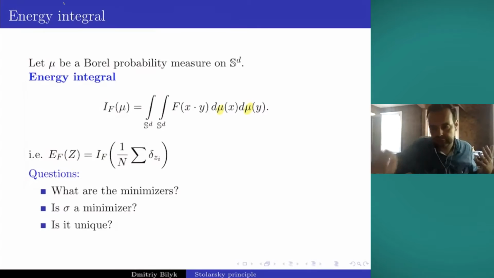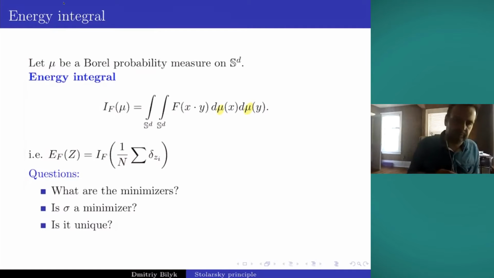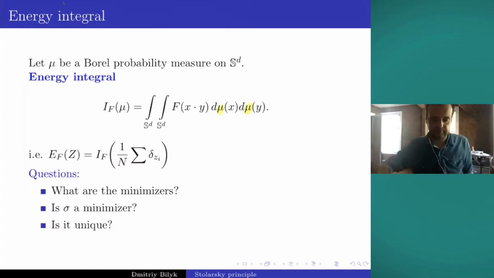And it's quite clear that the two objects are very related. If you can get the answers for every value of n, you would also, by weak star density, get the answer for the energy integrals. If you know what happens with the energy integral, if you know the minimizing measure, you sort of know what happens to the discrete energy when n goes to infinity, when the number of points is very, very large.